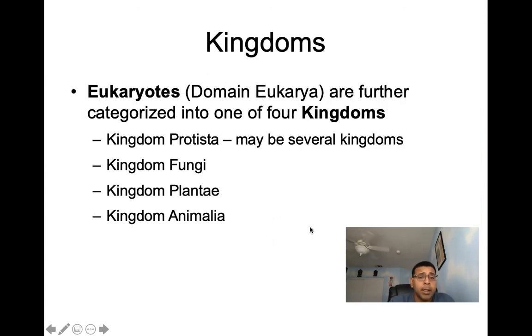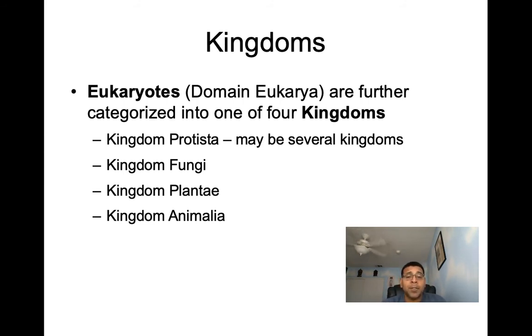Next then are the kingdoms. Scientists are in the process of deciding how to categorize archaea and bacteria into kingdoms. Eukaryotes are currently classified into 4 kingdoms.